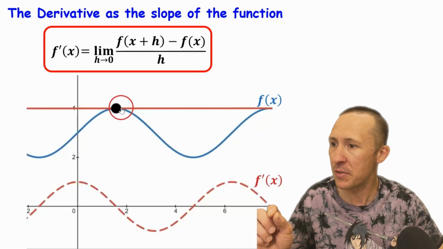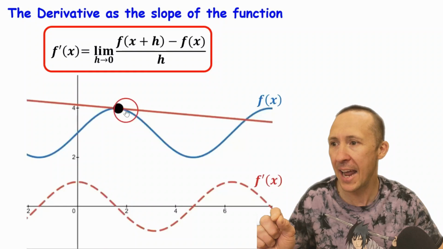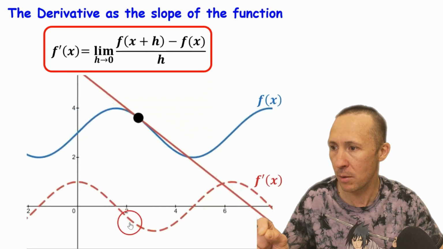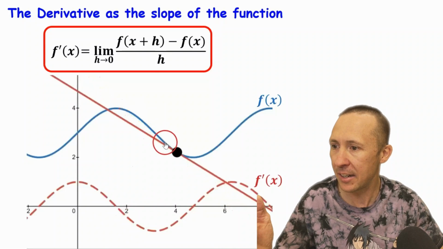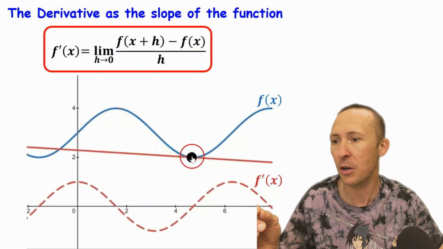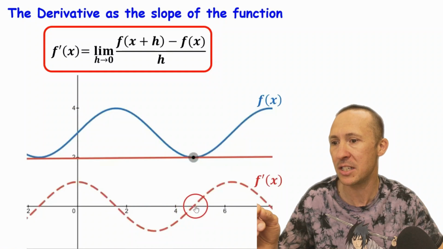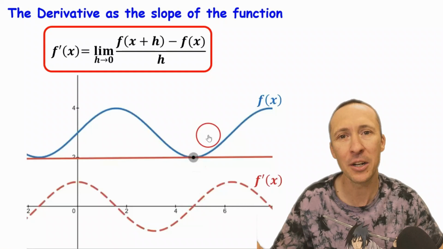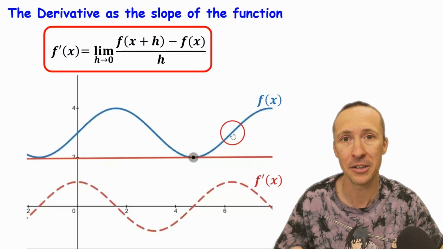But as we move this point over, then the slope becomes more and more negative. Therefore, the value of the derivative becomes more and more negative until it's as steeply negative as it will be, and then the slope will become less steep and go to 0. So right here, the slope becomes less steep and approaches 0, and the derivative goes to 0 as well. So that's kind of cool to see how the function and the derivative superimpose on each other.